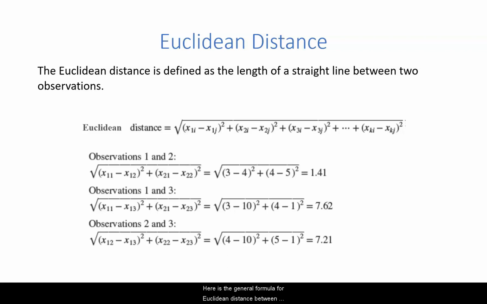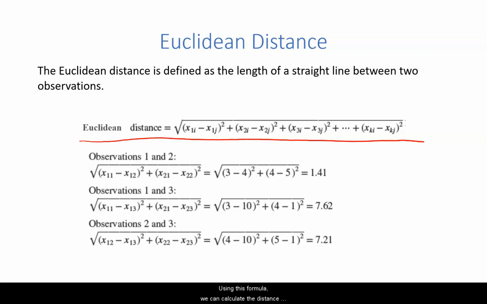Here's the general formula for Euclidean distance between two observations with multiple numeric variables. It is essentially the square root of the sum of the squared differences between the two observations on all the variables.